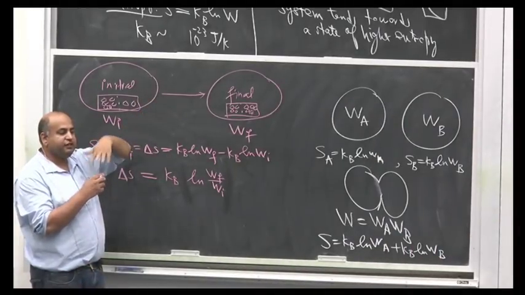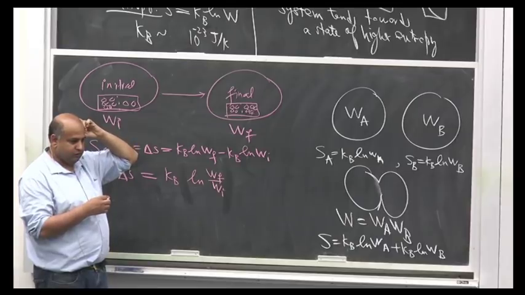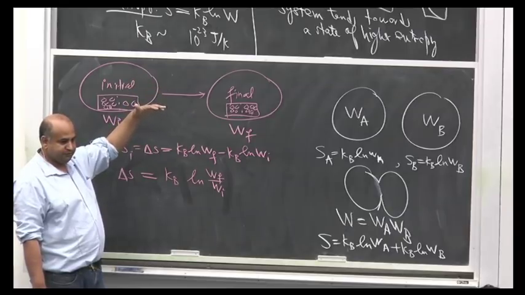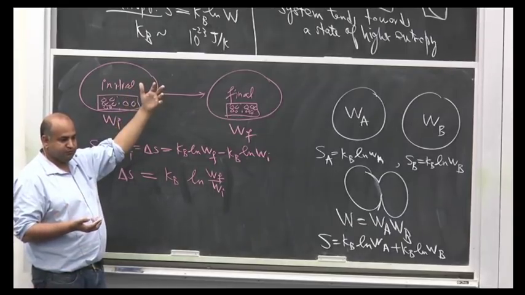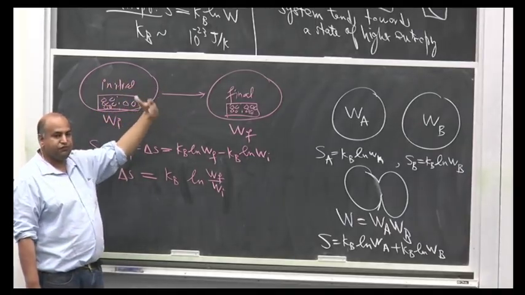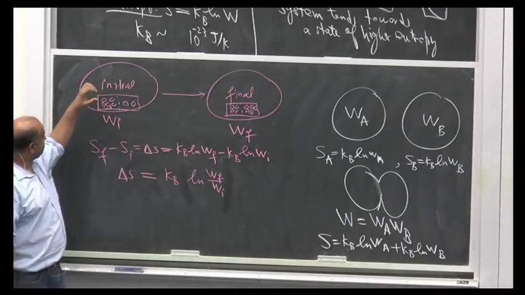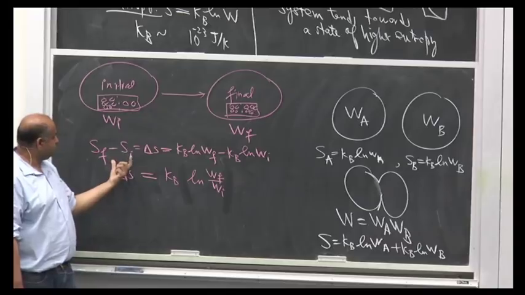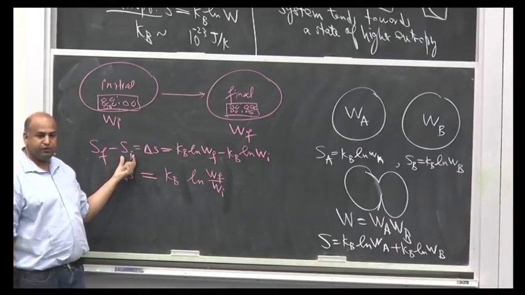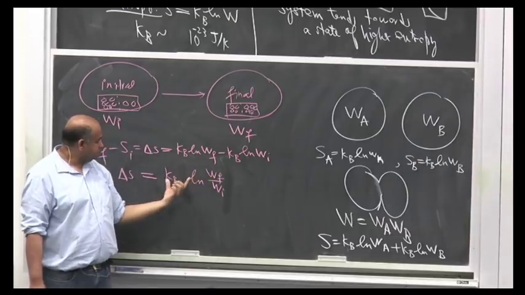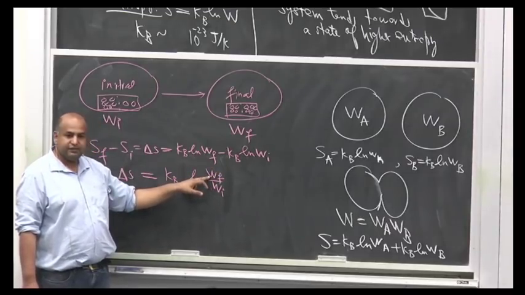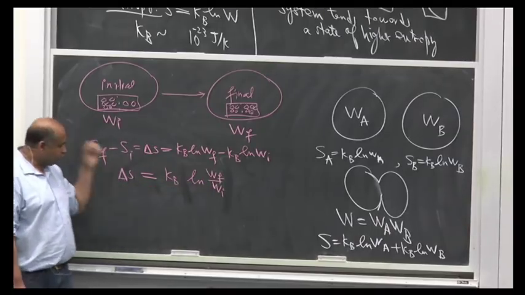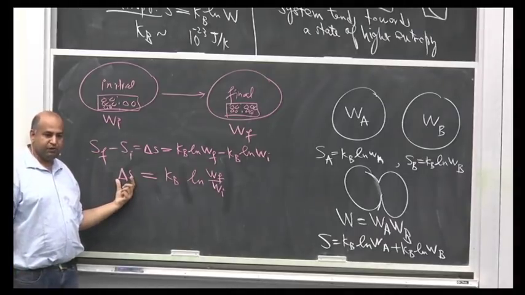For each macrostate there is a W, so every macrostate has a W. It means every macrostate has a different entropy. So when a system goes from this state to this state, its entropy changes. And we can compute it like this: final entropy minus initial entropy. It's just the ratio of the number of ways of the final arrangement divided by the number of ways of the initial arrangement. So this way we can compute the change in entropy.